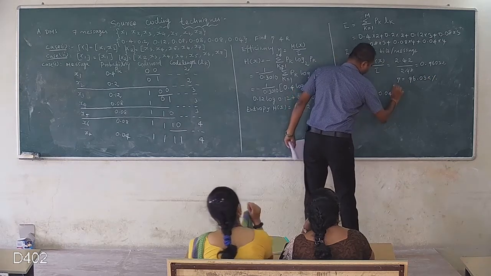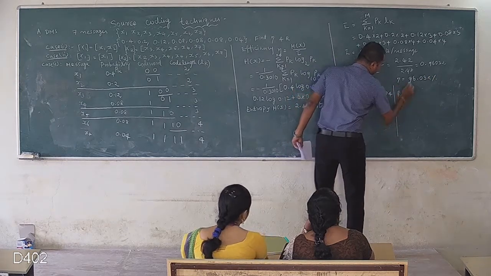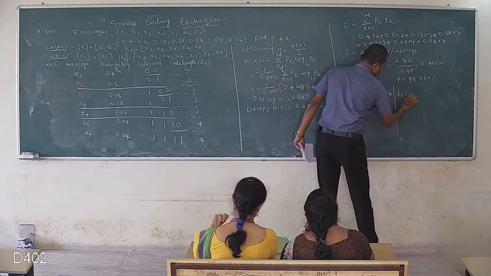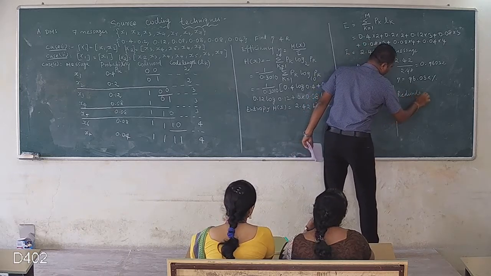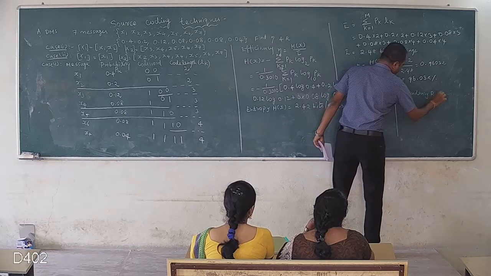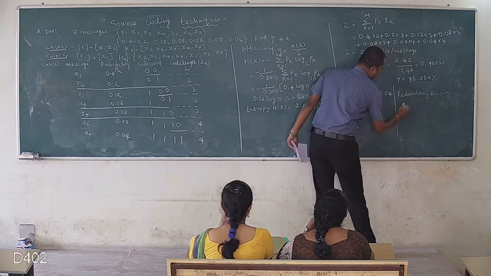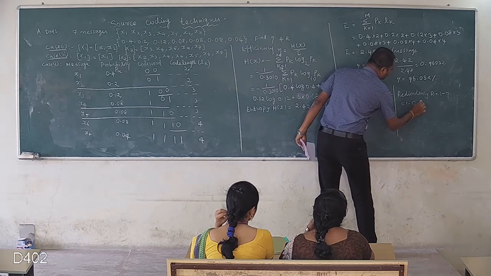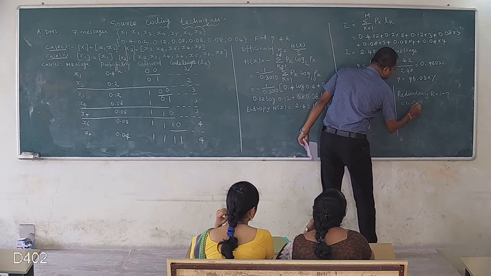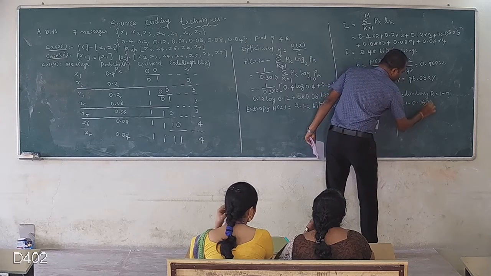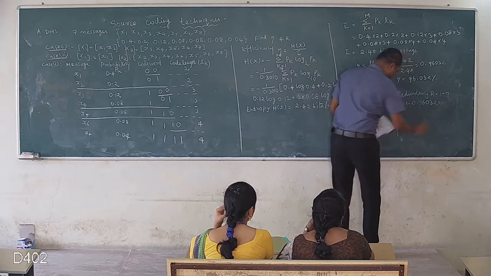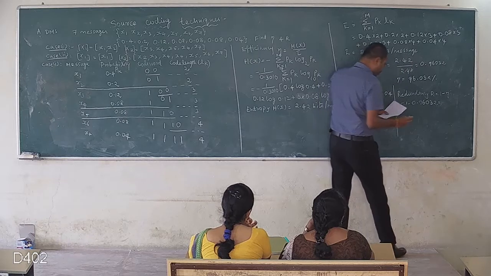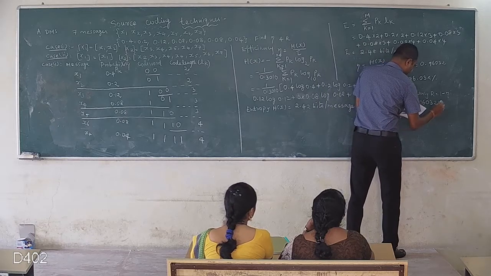Therefore, redundancy R is equal to 1 minus efficiency, so 1 minus 0.96032 is equal to 0.0397.